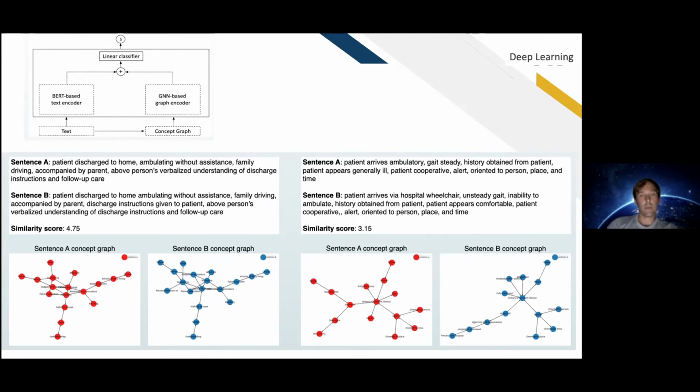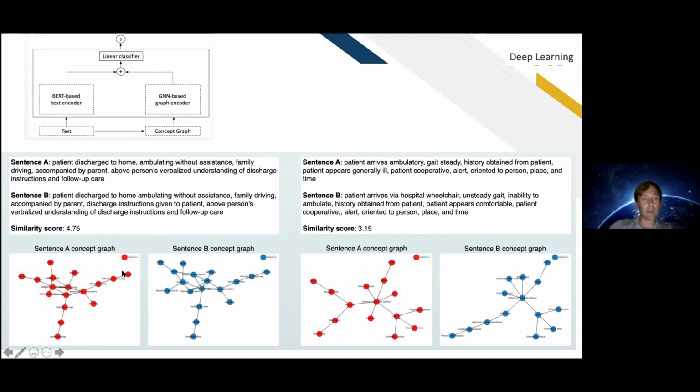So you can read through these sentences and give your own general impression about how similar they might be. But one of the things that we did with this particular task is that we combined some NLP techniques with a graph-based or knowledge network on top of it, and then fed the combination of those two things into the final classifier.